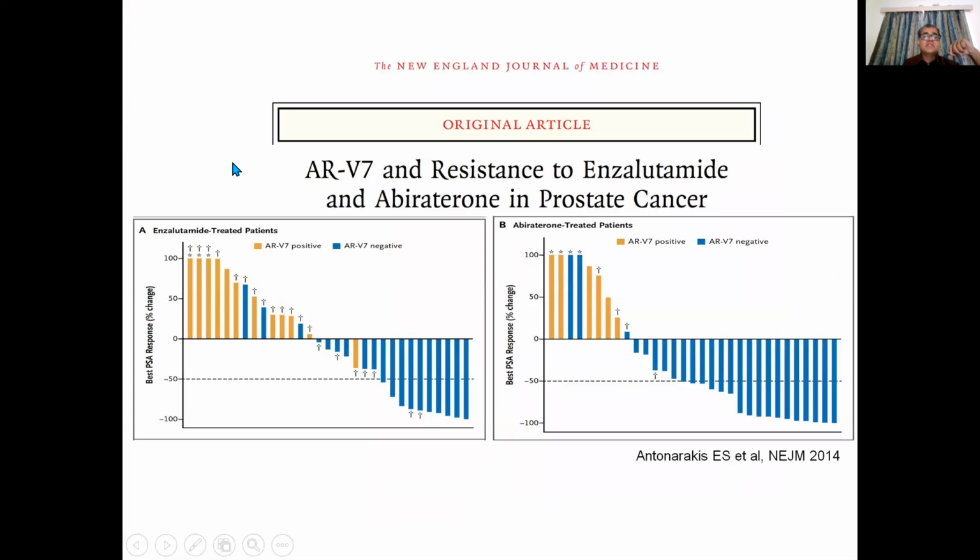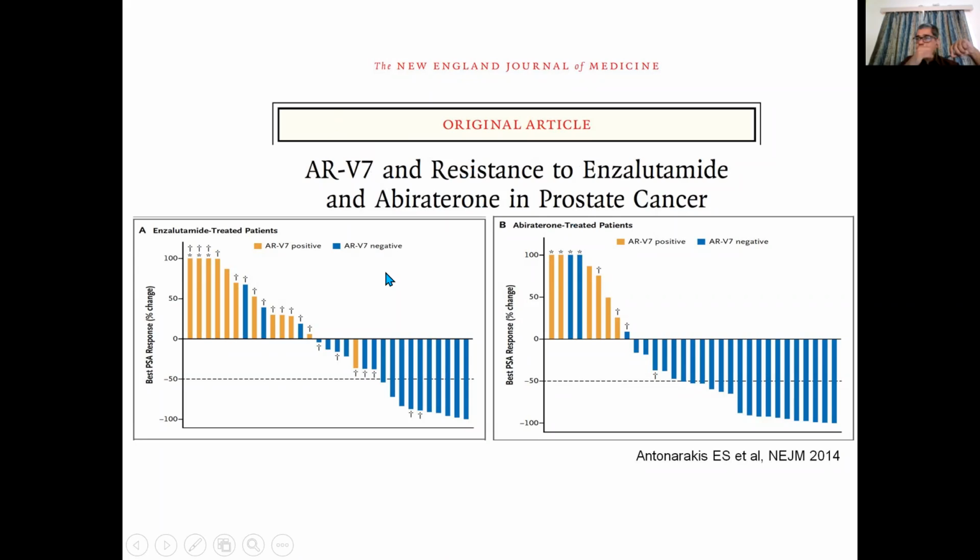Another important thing which has come up recently is enzalutamide and abiraterone therapy, which are ARSIs, or androgen receptor signaling pathway inhibitors. But if the patient harbors a mutation called androgen receptor variant 7, or ARV7, in the tumor cells, then they are resistant to therapy with enzalutamide and abiraterone.